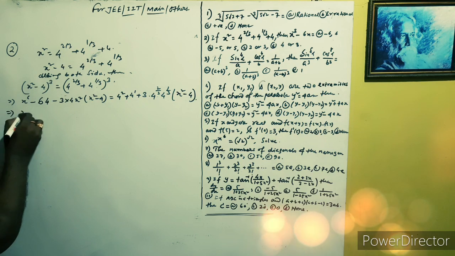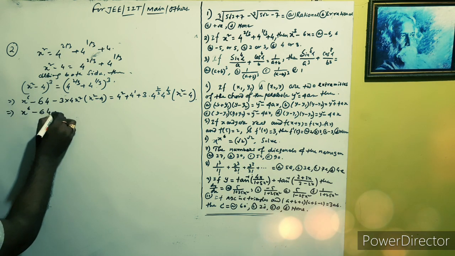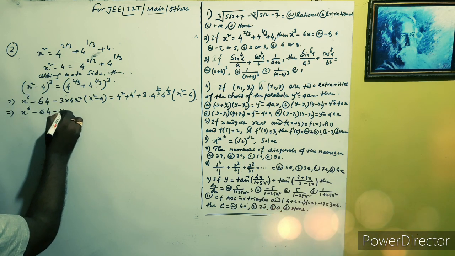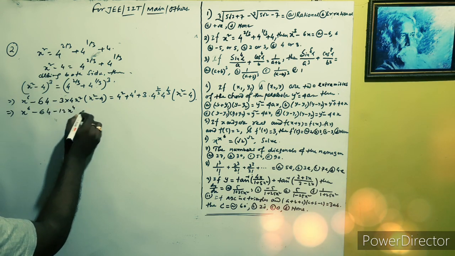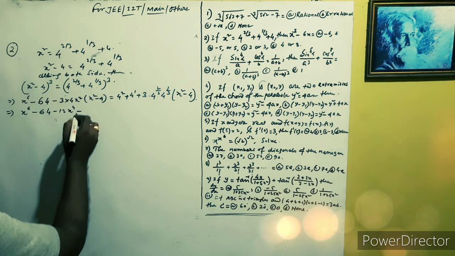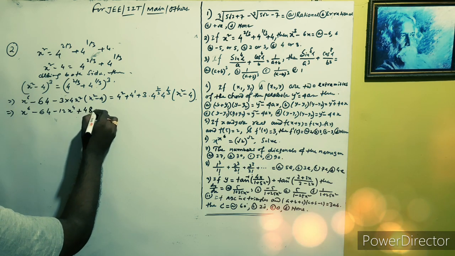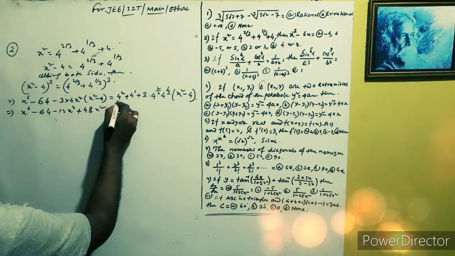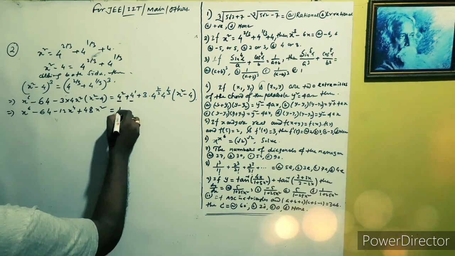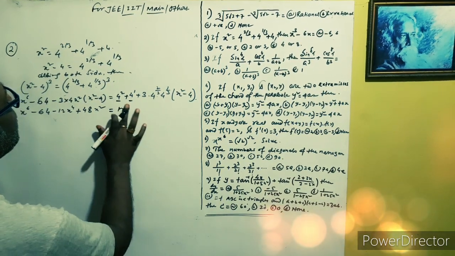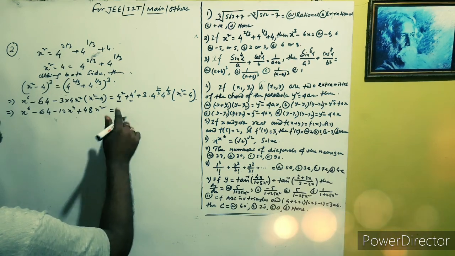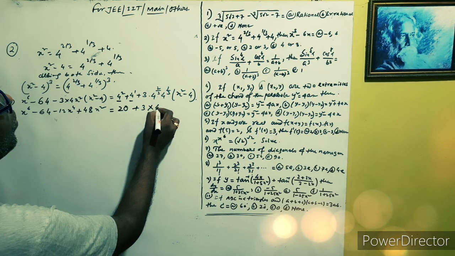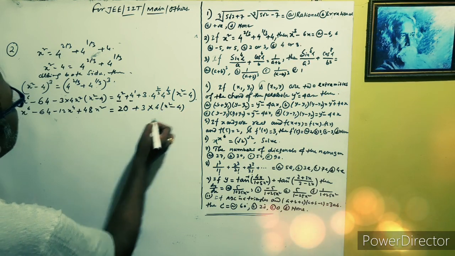Okay, see, this is x to the power 6, 64, 12 minus 12 x to the power 4, and this is here 48 x square. This is 16 plus 4 is 20, plus 3 into 4 x square minus 4.